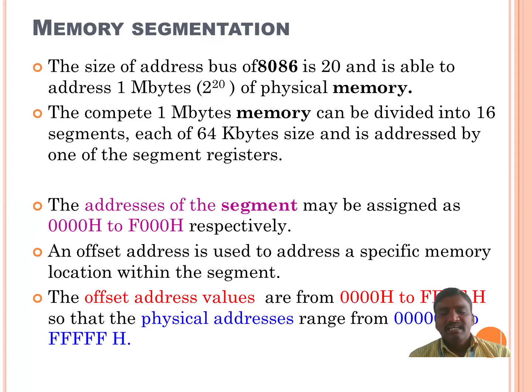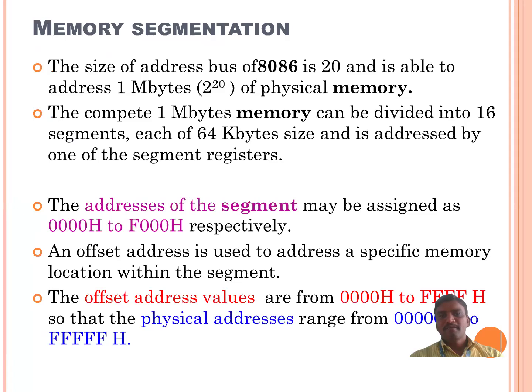The starting as well as the ending address of the segment registers, or the segment memory, is 0000H to F000H. So it is the address range of the segment register.